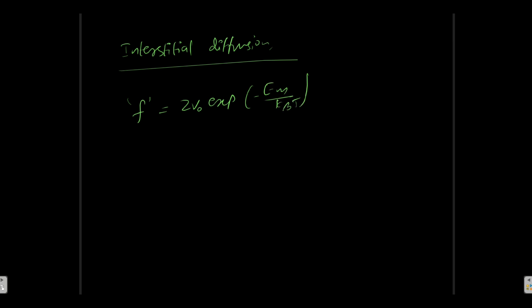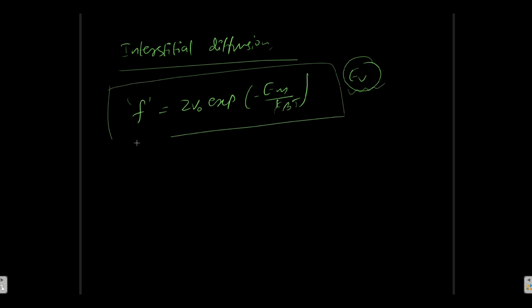Here in this case, we have just eliminated the term EV because we don't require any vacancy near it. Other terms will be the same. This is the formula for the jumping frequency in the case of interstitial diffusion.